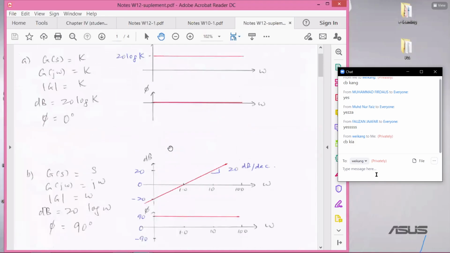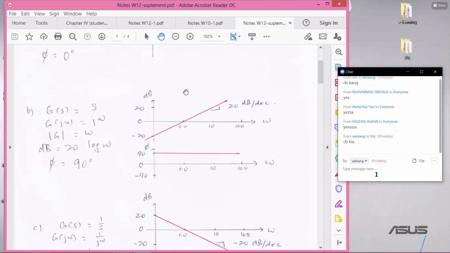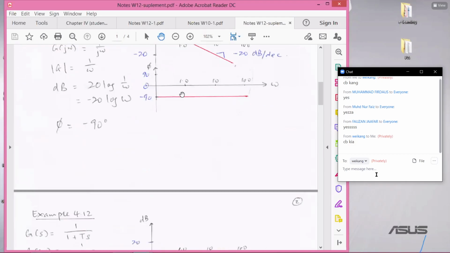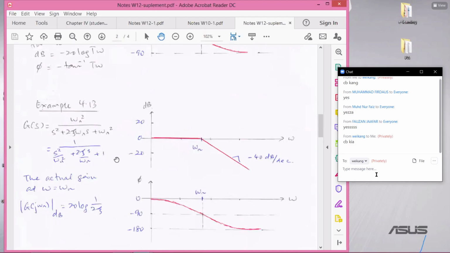So now this is how you draw the Bode diagram using straight line approximation. And then you're going to have this first order transfer function, 1 over 1 plus ts, and then you're going to have this second order transfer function.